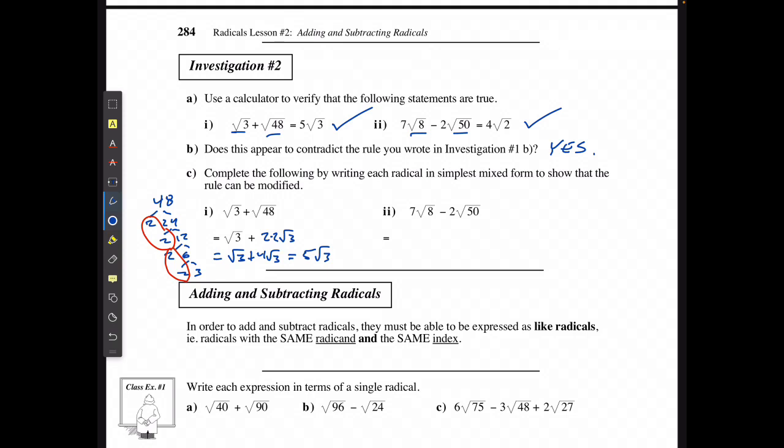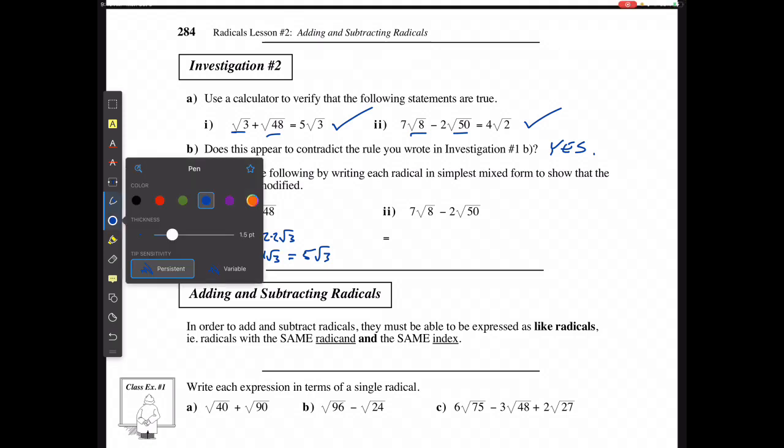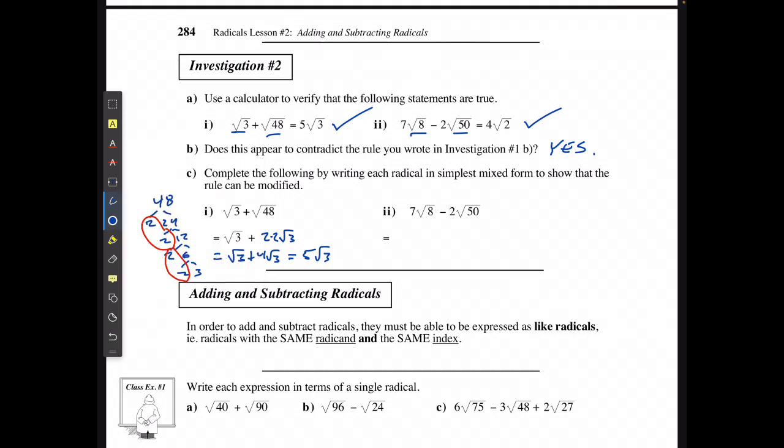I can do the same thing with example 2. Now I have 2 of them I need to simplify. I'm going to say that 8 is going to split up into 2 and 4 and 2 and 2. I'm going to say that 50 is going to split up into 2 and 25 and 5 and 5. And I see that I have a pair of 2's here and a 2 that's left inside.